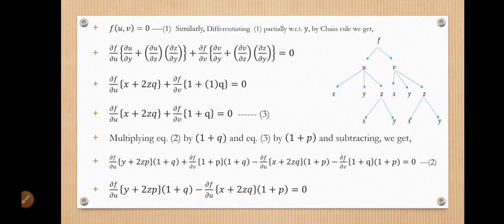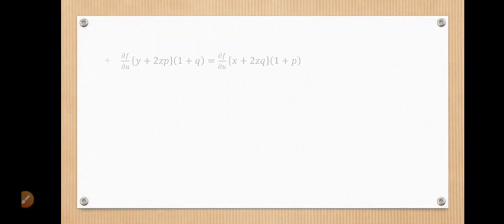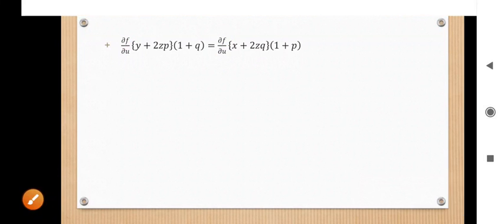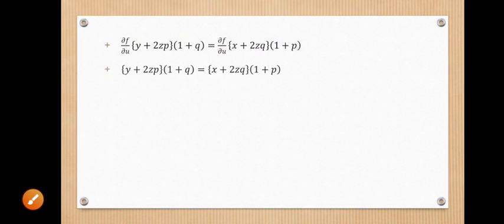So here we can shift this second term to RHS and we can cancel this ∂f/∂u factor from both sides, so that we can have the equation containing only x, y, z, p and q, and here we are not having any f or its partial derivative term.